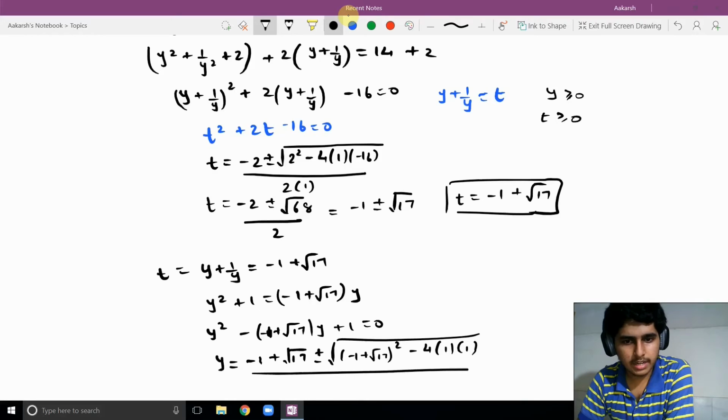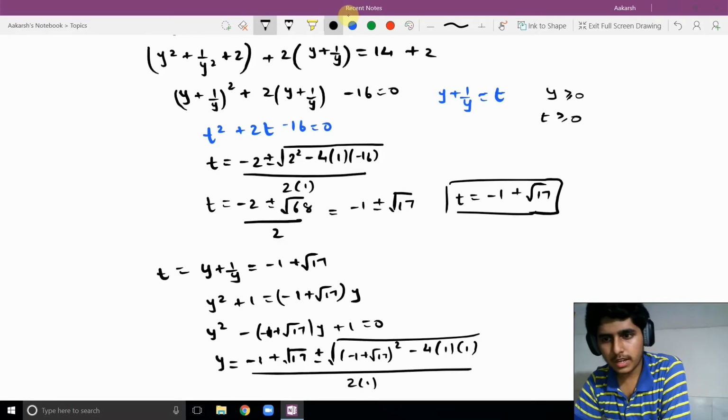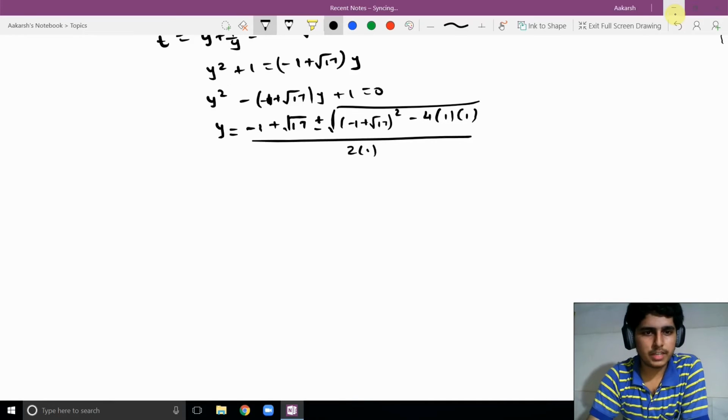This divided by 2a. Now a is 1. Now it's all about simplification. Y is minus 1 plus square root 17. Now again because my y is positive only, I'll reject this negative answer.